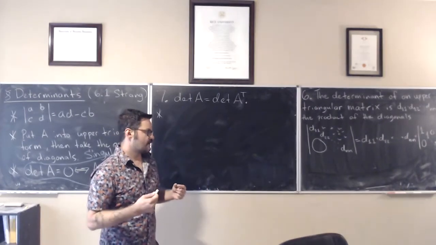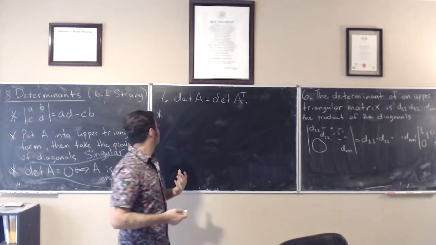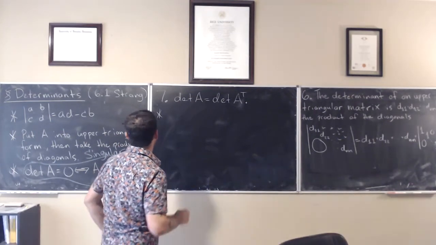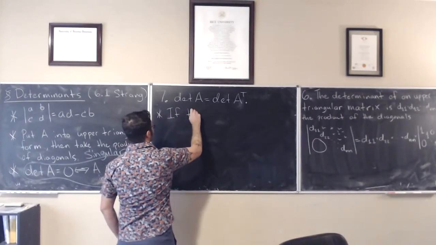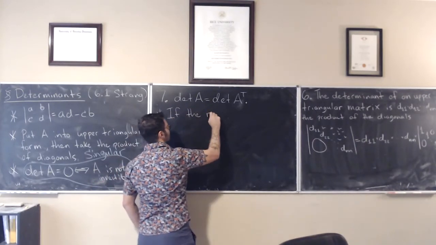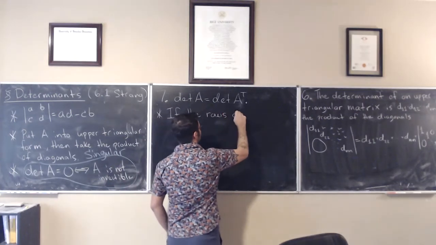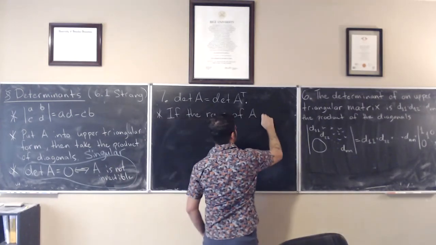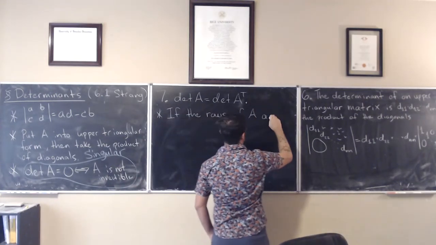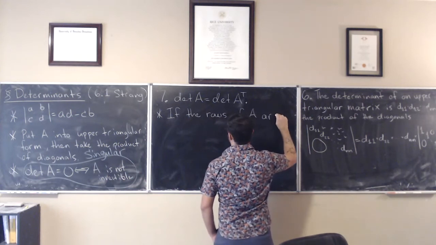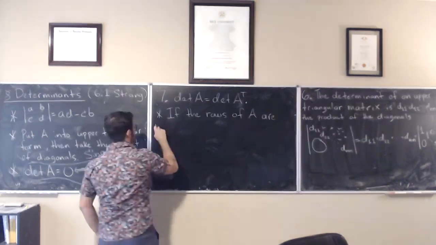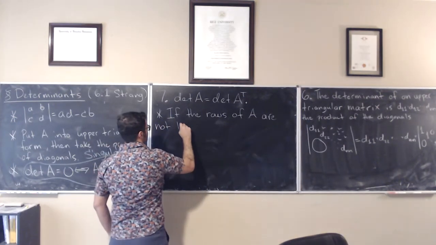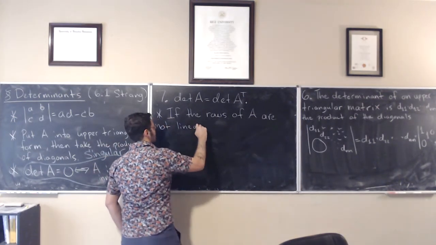But what this is really saying is that if the rows of A are not linearly independent, then A is singular. We'll come back to property 7 in a second, but first let's just note this.